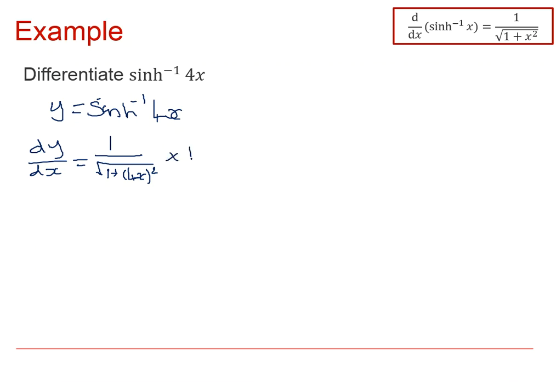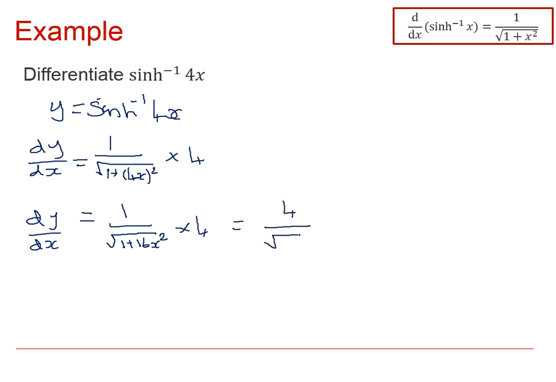And then we're going to multiply that by 4 because of the chain rule. So we end up with dy/dx is 1 over the square root of 1 plus 16x squared multiplied by 4. So our final answer is 4 over the square root of 1 plus 16x squared.